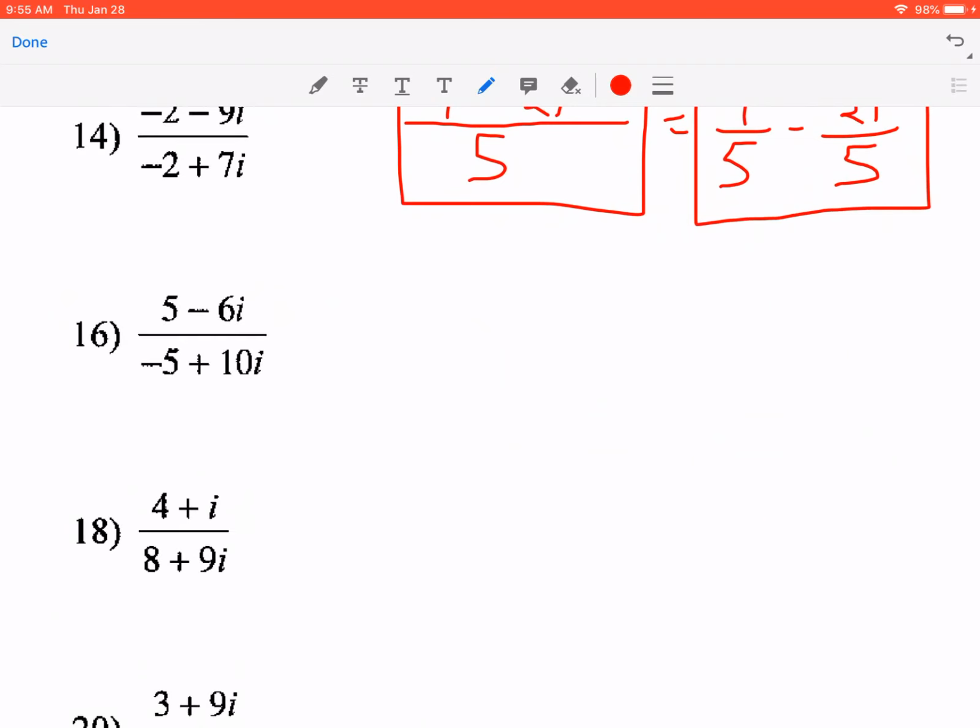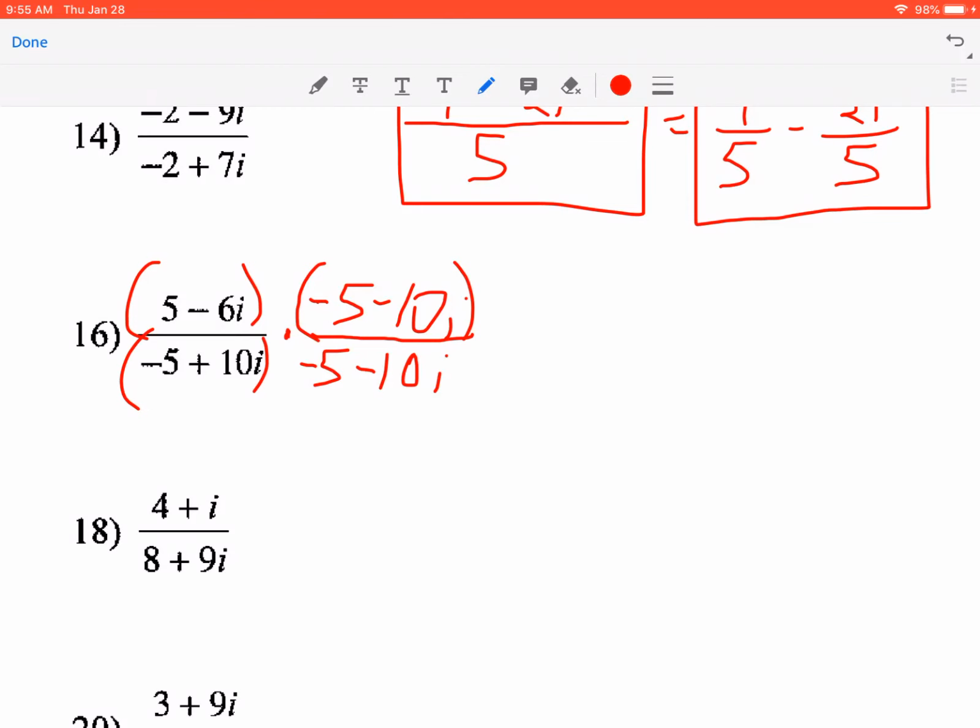All right, so what gets rid of a negative 5 plus 10i? Remember, only change that sign. So it'd be negative 5 minus 10i. Same thing on the top. Negative 5 minus 10i. Okay, I'm going to put them all in parentheses. Okay, so going to have to do FOIL.